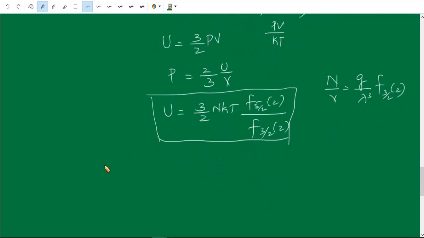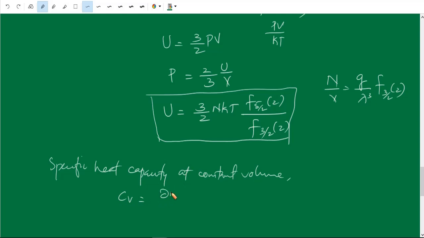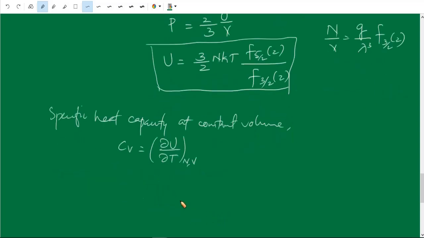Now the specific heat capacity. CV is given by the partial derivative of internal energy with respect to T, with N and V constant, number of particles and volume constant.